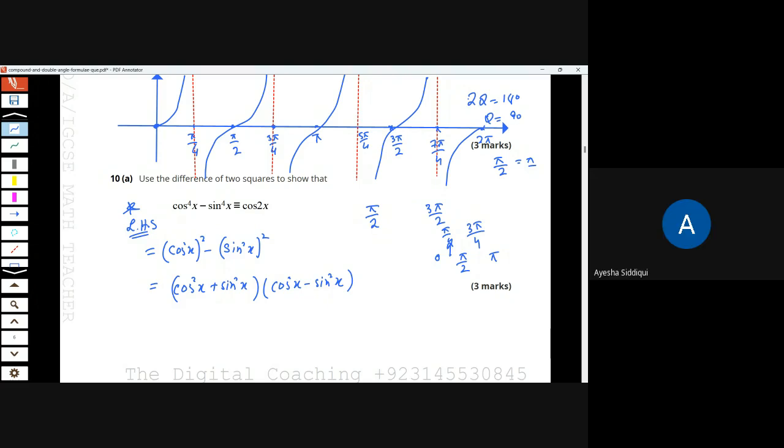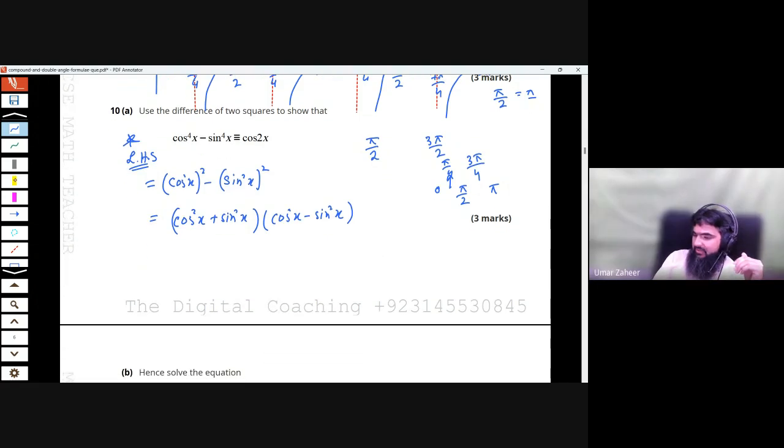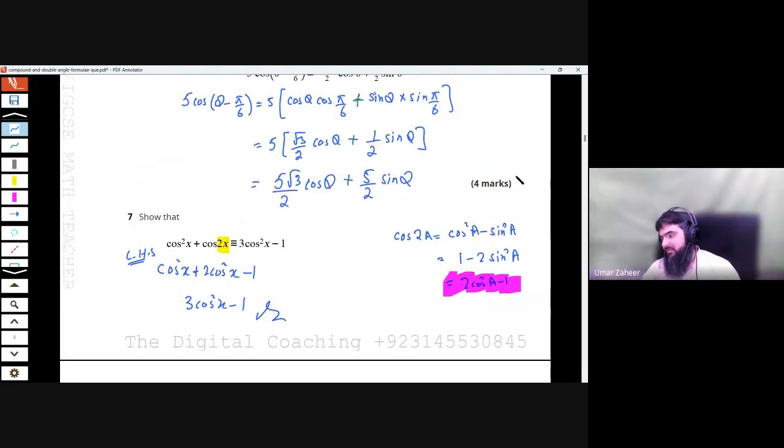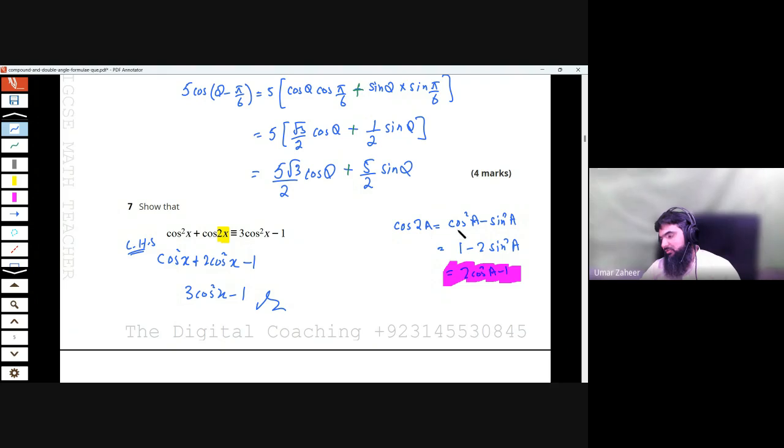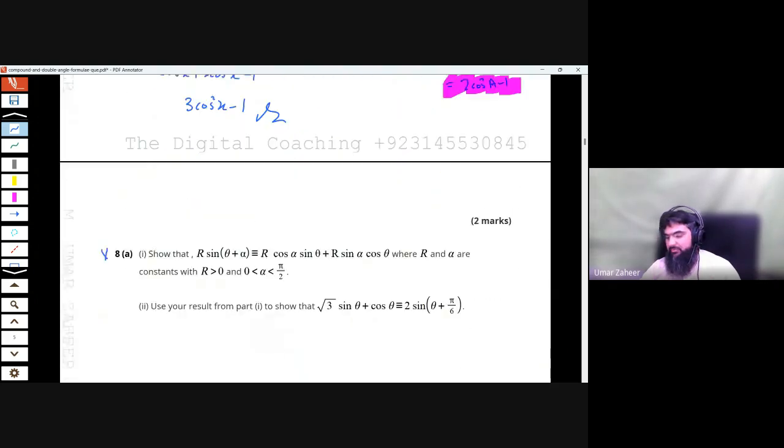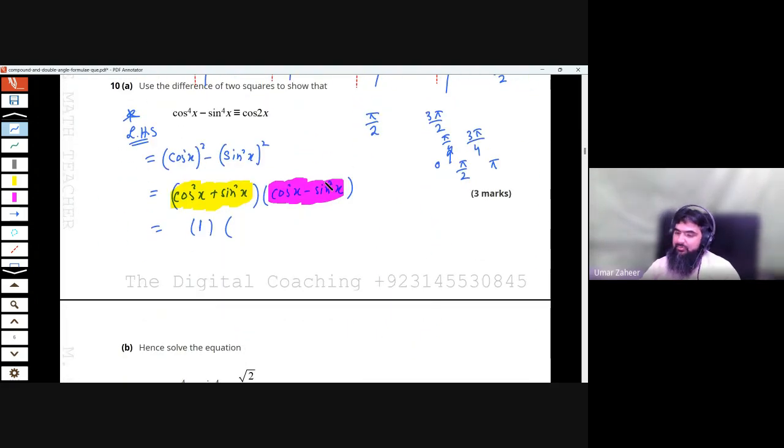Yes, sir. All right. We know that sine square theta plus cos square theta is equal to 1. And have you remembered this identity? We have just done this identity: cos of 2a is equal to cos square of a minus sine square of a. So cos square of x minus sine square of x will be equal to cos of 2x.